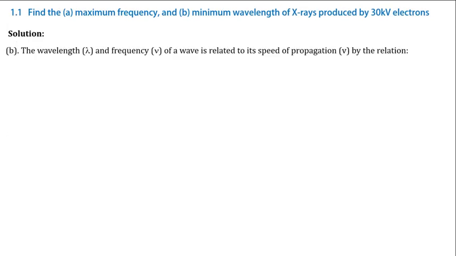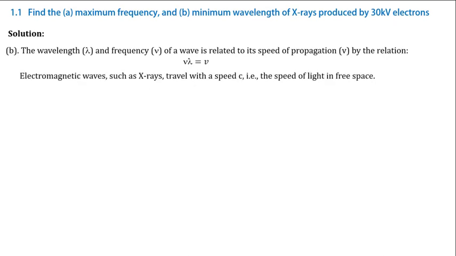Coming to part B, we know the wavelength lambda and frequency nu of a wave is related to its speed of propagation v by the relation nu lambda is equal to v. Now, electromagnetic waves such as X-rays, they travel with a speed c, that is the speed of light in free space. So we can write this formula for X-rays to be nu times lambda is equal to c.